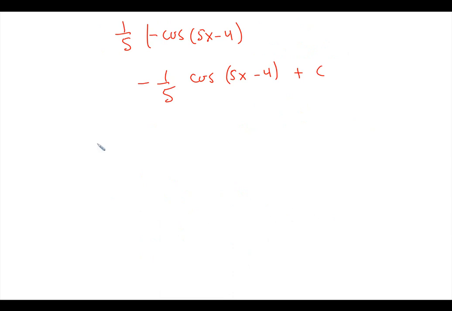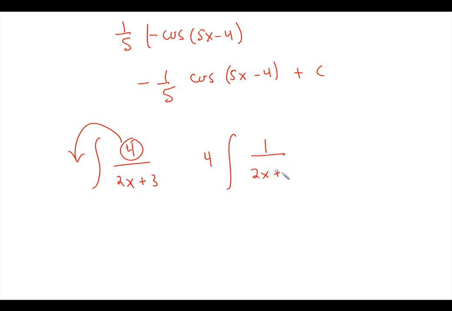All right, let's take a look at another example. Let's say we have 4 over 2x plus 3. So first of all, we have this constant, so we know we can pull this guy out to the front. So we would get 4, now we're integrating 1 over 2x plus 3.